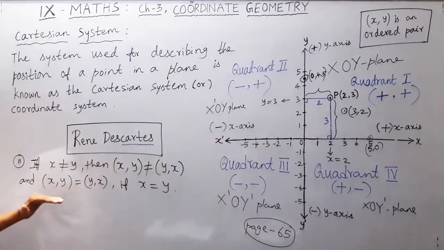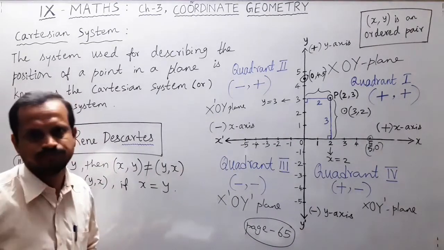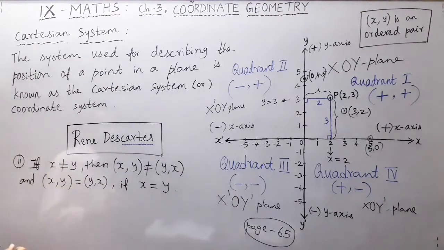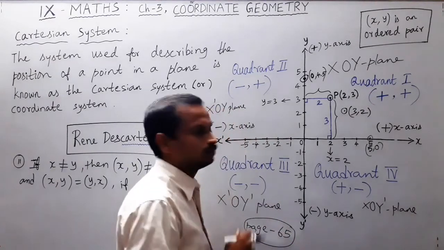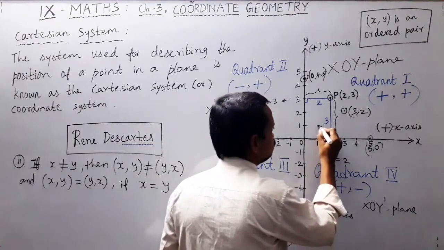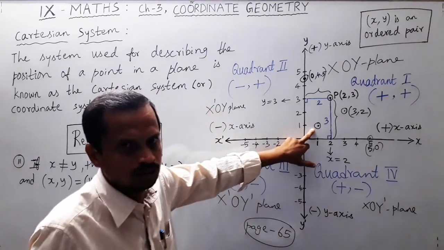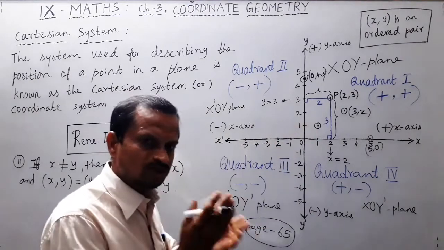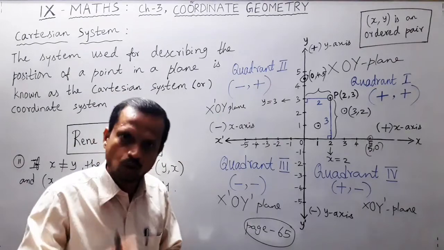But when x equal to y means what? If both the coordinates are same, then both points will be equal. For example, if you take 1 comma 1, you see here it is 1 comma 1. This point denotes the location of 1 comma 1. 1 comma 1 means what? X also 1, y also 1. X coordinate is also 1, y coordinate is also 1.